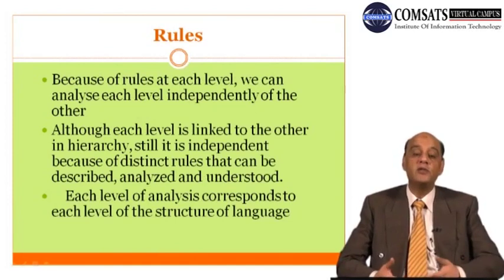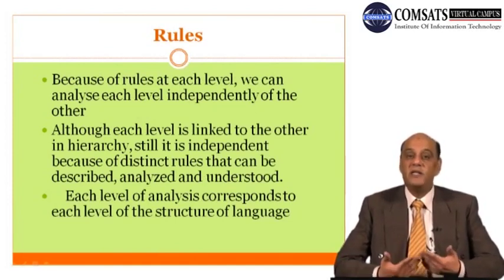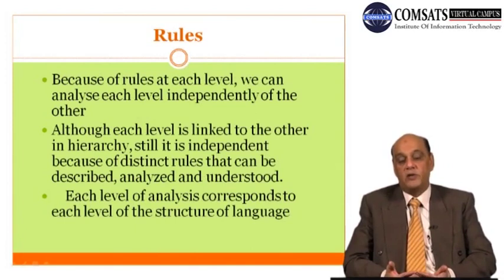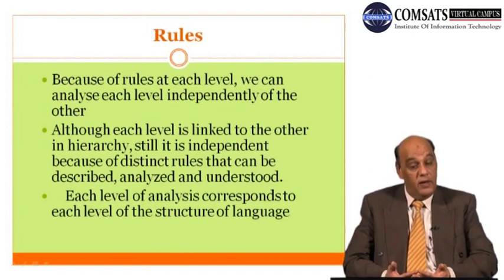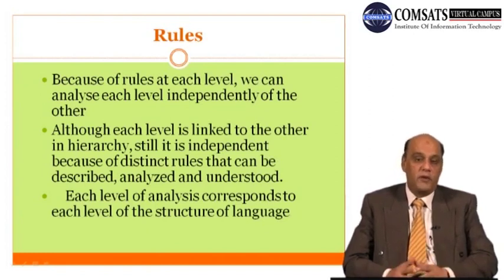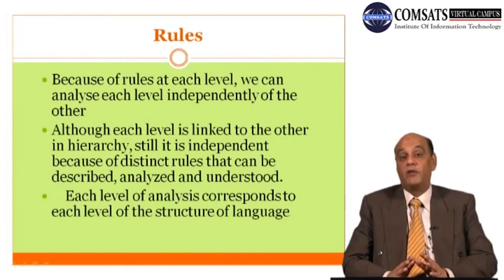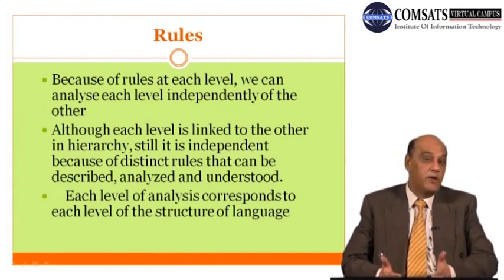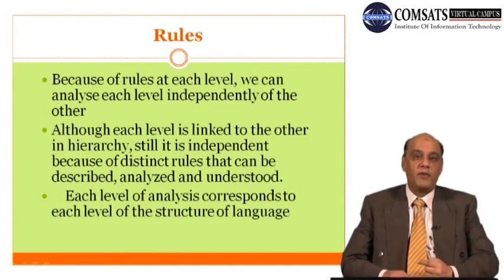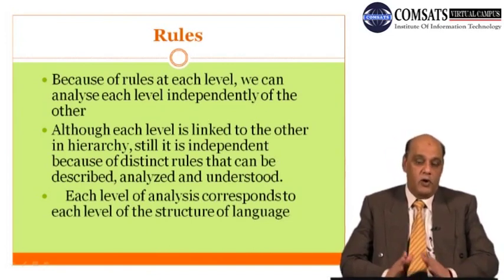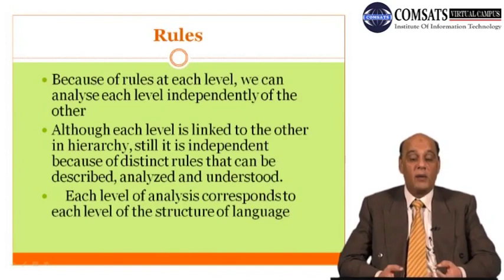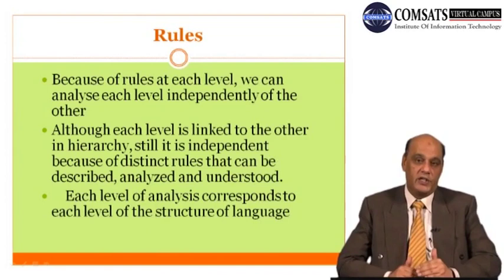Because of these rules at each level, we can analyze each level independently of the other. If there were no independent rules, it would have become difficult to study each individual stage. So at every stage you have different rules, independent of the rules of the next level, and they help us to analyze the components of language at each level.